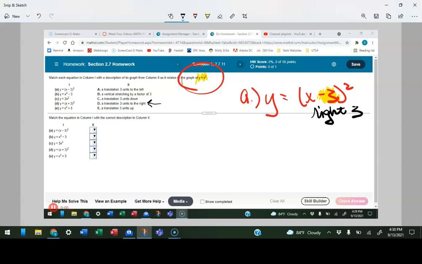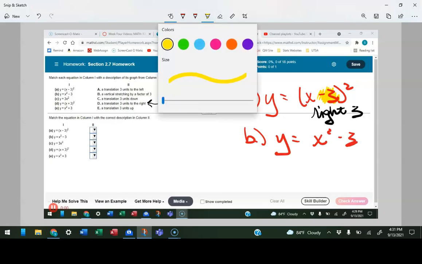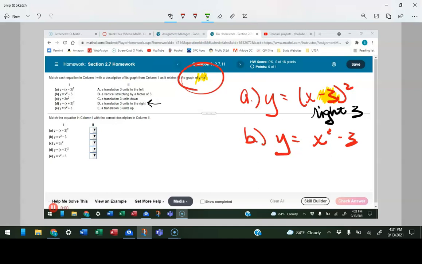Okay, so let's look at B. B says I have x squared minus 3, so B is y equals x squared minus 3. My question is, what's different from my original function? In this case, I've got this minus 3 hanging off on the end. It is not attached directly to the x.